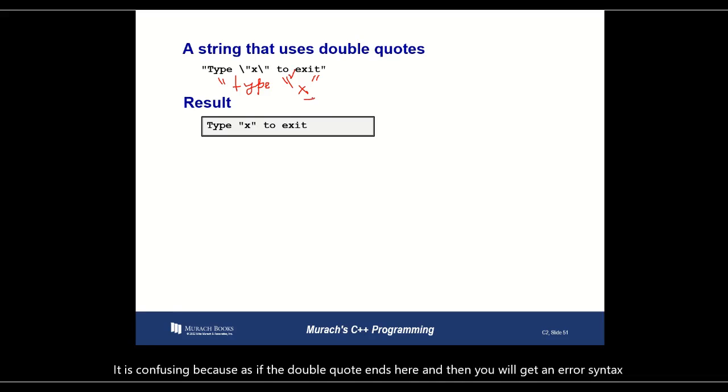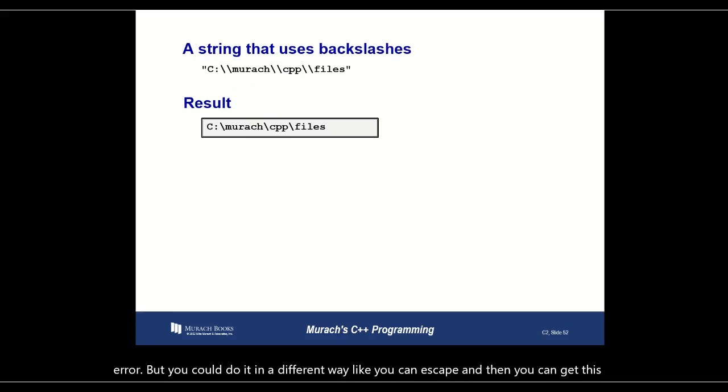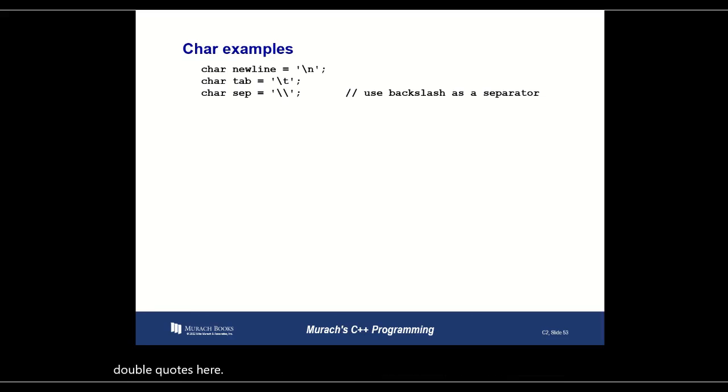But you can escape and then you can get these double quotes here. Other examples are here as well. For the character example, the new line is this one, tab is this, separator is this one.